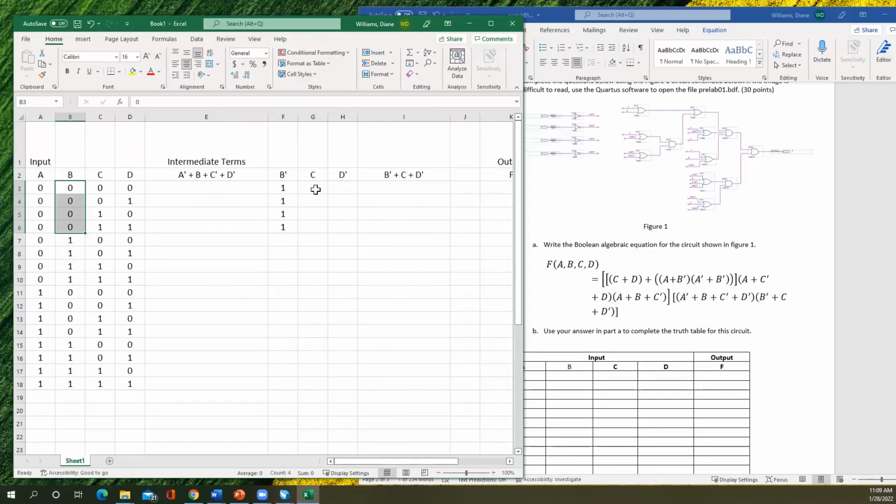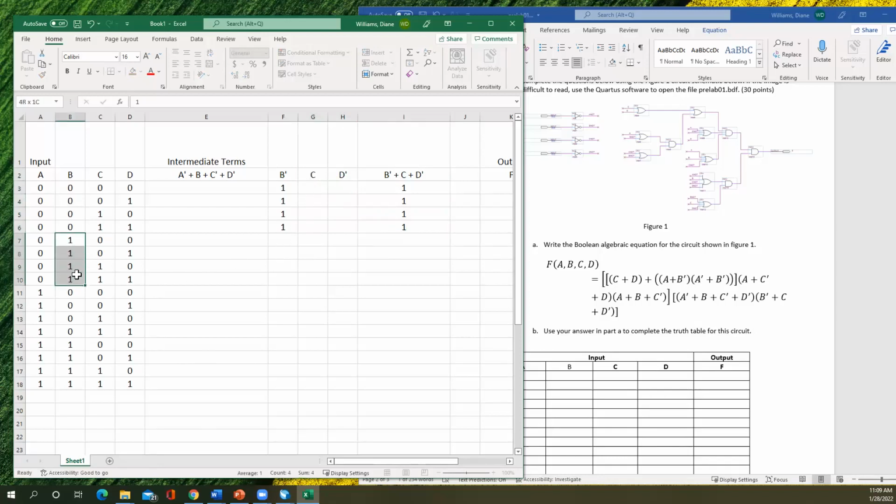In order to determine our output of B naught ORed with C or with D naught, does it really matter what values we have for C and D naught? No. So we know in this case this would be a 1, this would be a 1, this would be a 1, this would be a 1. We don't care about that.